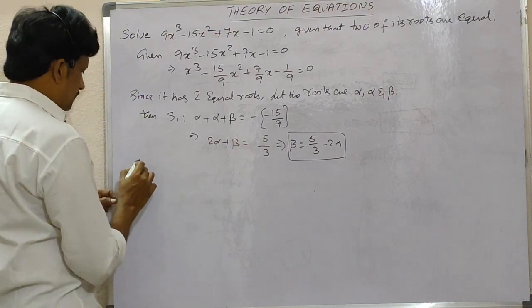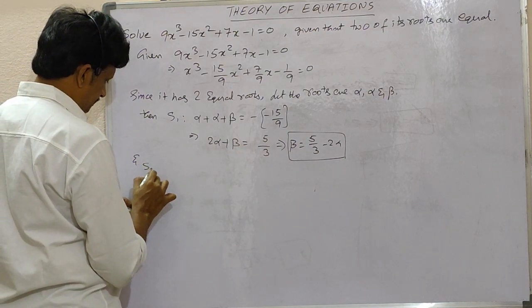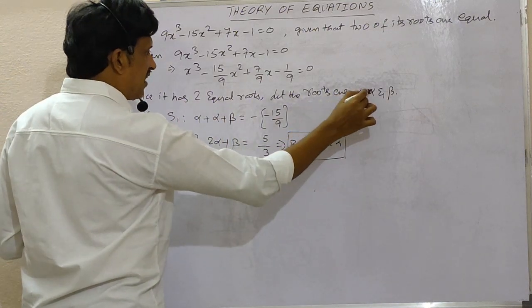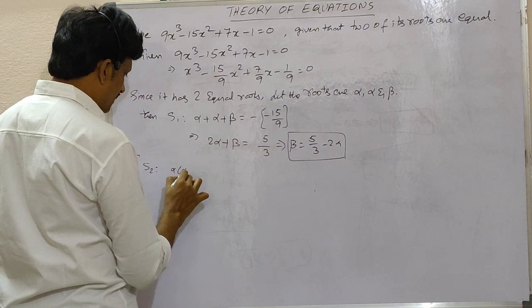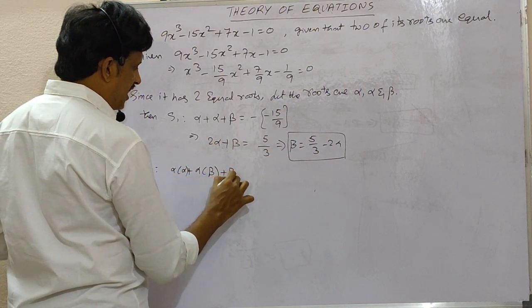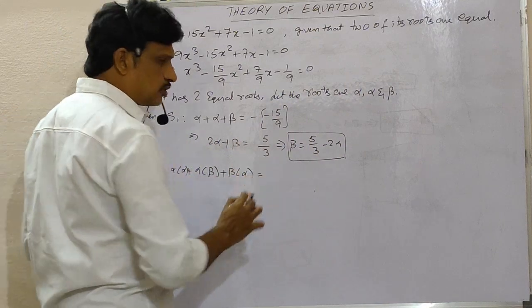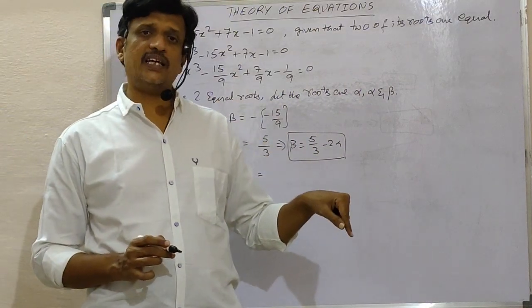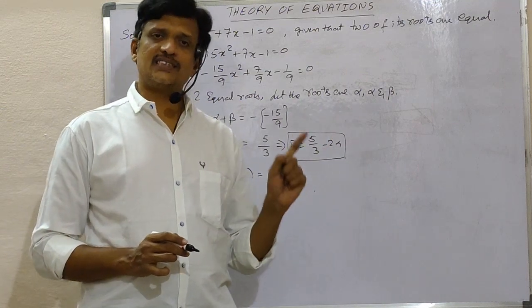Now write S2. Here the roots are these: alpha into alpha plus alpha into beta plus beta into alpha, the sum of the products of the roots taken two at a time. Usually it is alpha beta plus beta gamma plus gamma alpha, but here instead of gamma, alpha is given again.